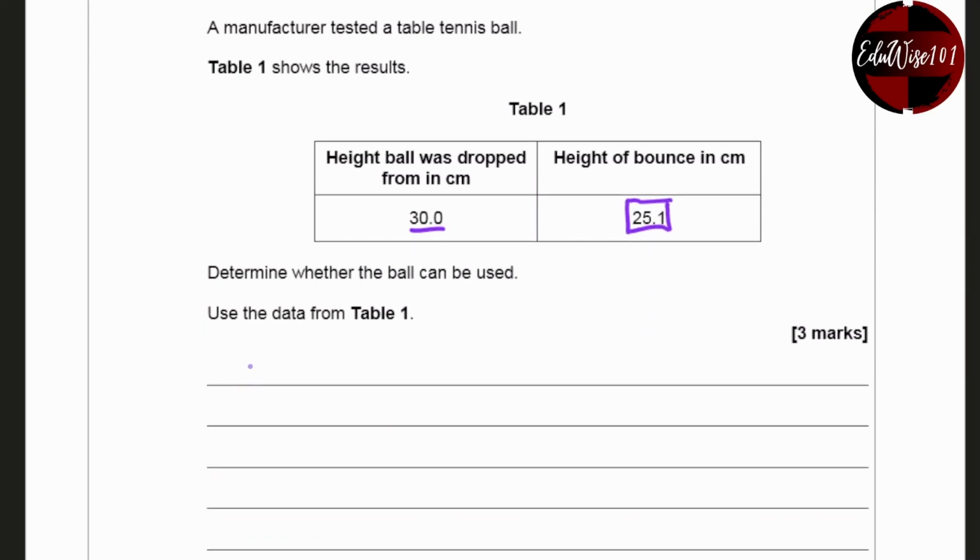Well, 75 divided by 100 times 30, or you could say I've got 30 centimeters divided by 100, it will give me 1%, and then I multiply it by 75. It's the same thing.